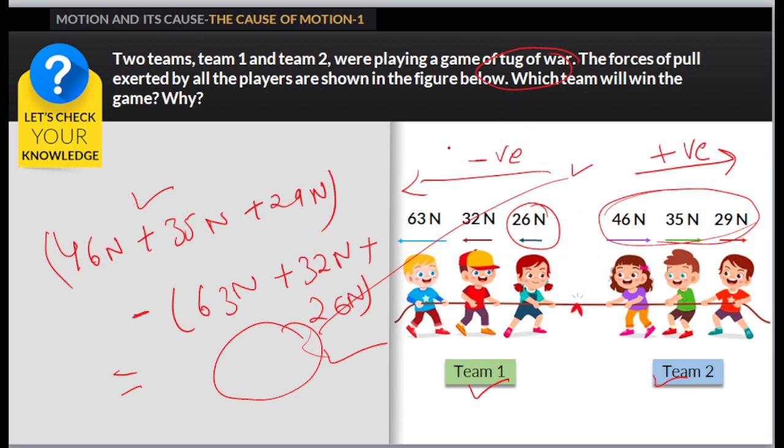Because if in both cases they are applying 60 Newton of force, none of them will be moving, right? Because net force is zero, so net force is the force that shows the main result, the main impact, right?